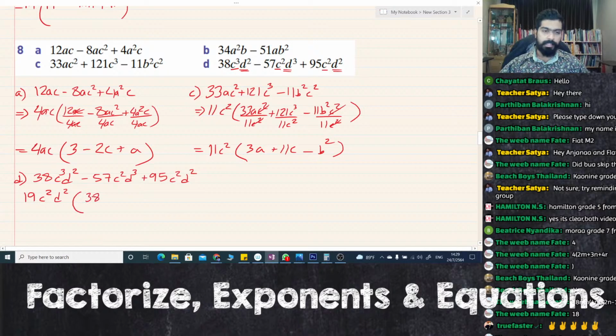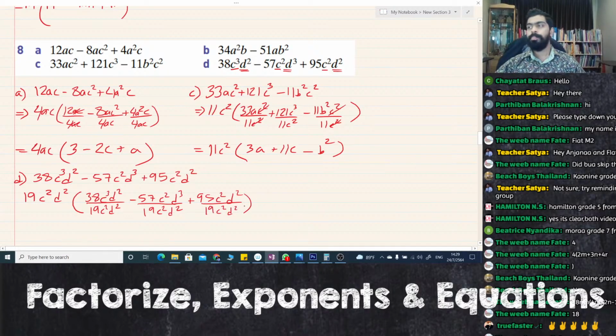So we have 38 c cube d square over 19 c square d square, and then minus 57 c square d cube over the same greatest common factor, and then plus 95 c square d square over 19 c square d square.